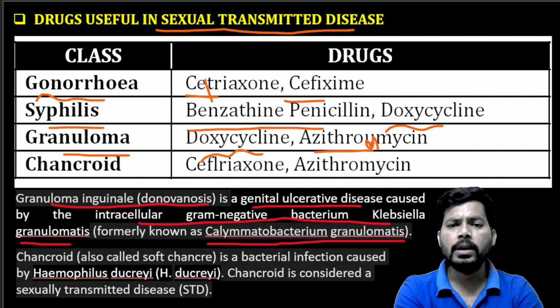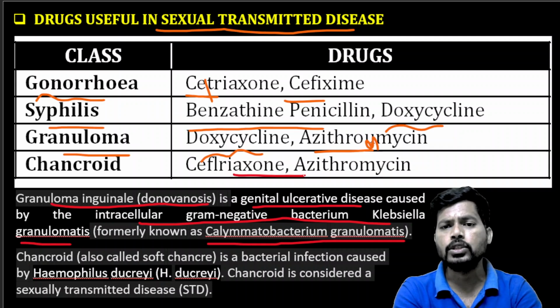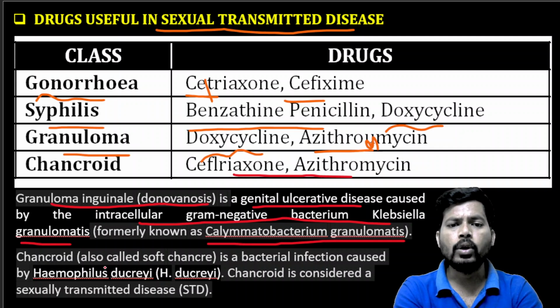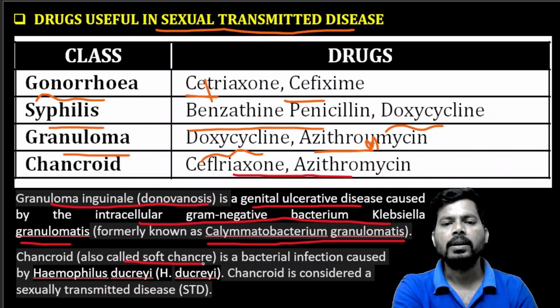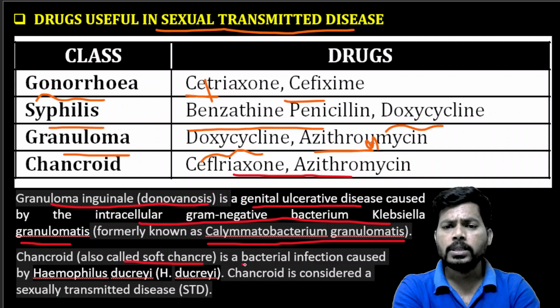Next, chancroid. The drugs are ceftriaxone and azithromycin. Chancroid is also known as soft chancre. Chancre means an ulcer, a reddish skin-like ulcer. Chancroid is a bacterial infection caused by Haemophilus ducreyi.